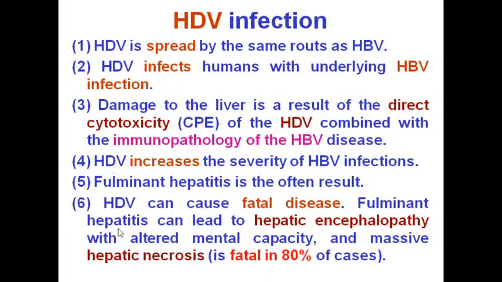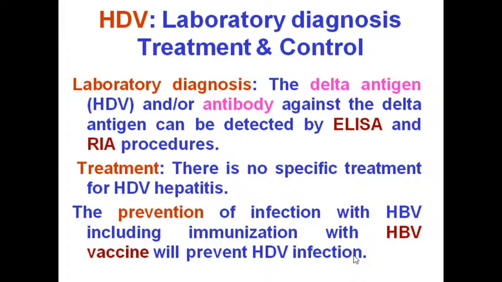Usually, we have massive hepatic necrosis that can be fatal in 80% of cases of combined hepatitis B and D infection. The lab diagnosis of hepatitis D is done by ELISA or radioimmunoassay.